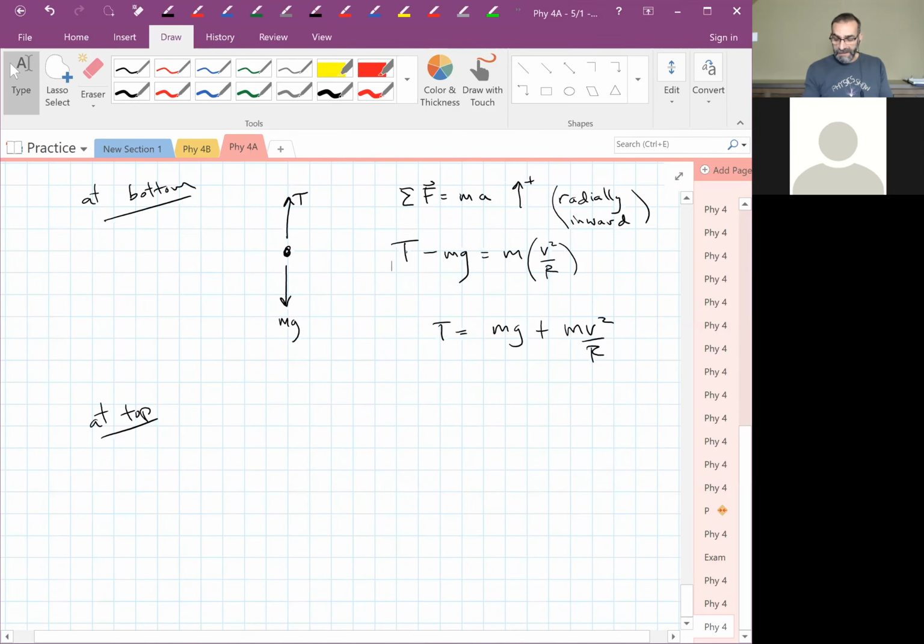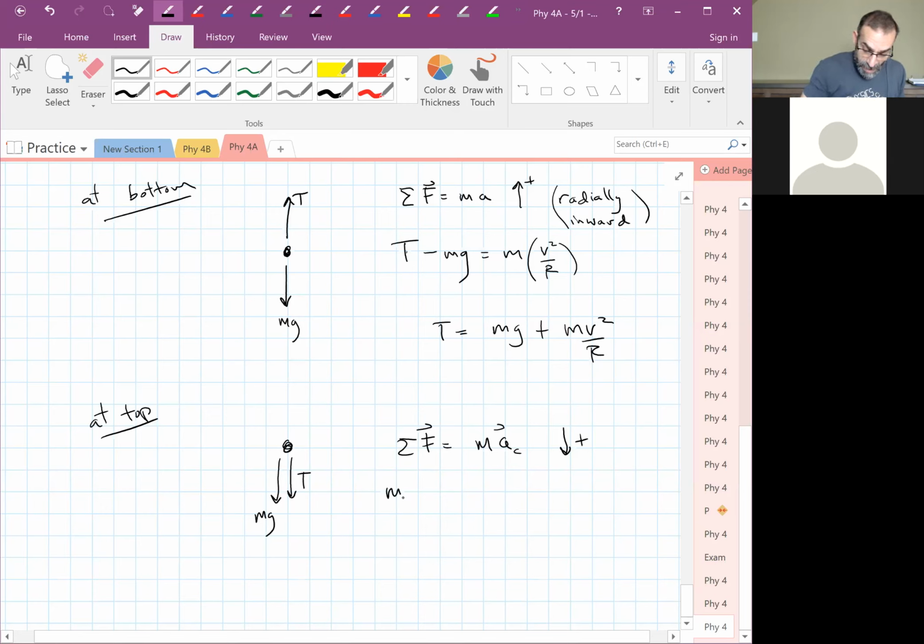So real quickly, at the top, free body diagram. Tension in the string, what else points down? mg. So we say the sum of the forces has to be m a centripetal because we know this thing is moving in a circular path. We pick towards the center of our circular path as the positive direction, because that's downward, so down is positive.